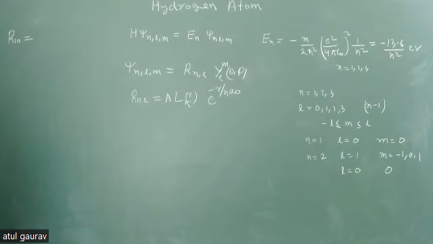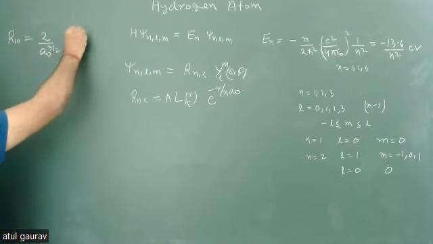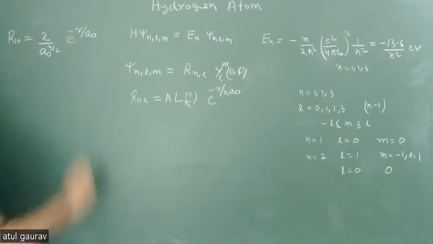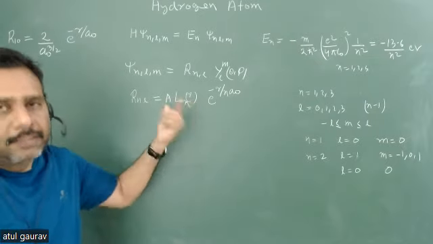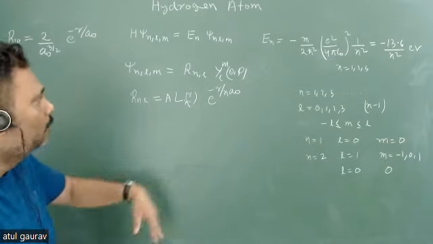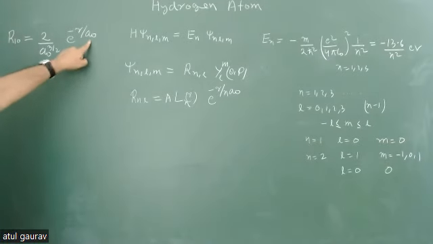So let's try to go for some basic radial wave function as well as probability density. The first one is 2 upon a naught to the power 3 by 2 e to the power minus r upon a naught. Here, this algebraic part is just 1. Okay, so this is the simplest one. And what is a naught?